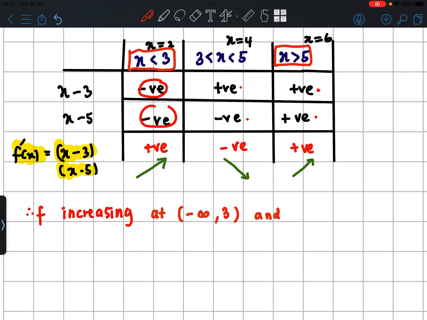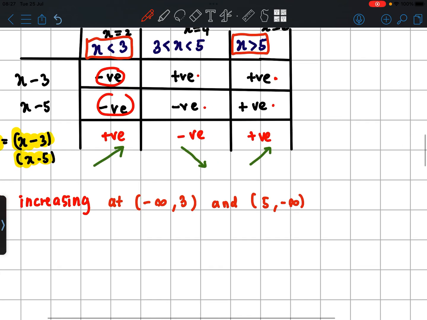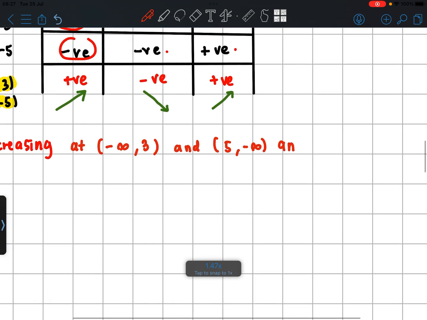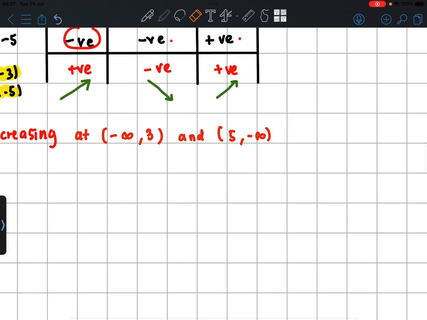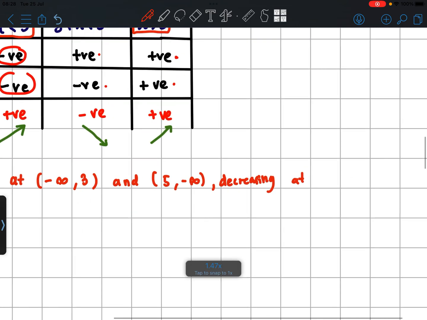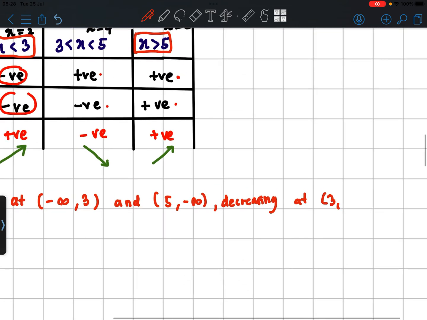Okay, increasing at the two intervals, minus infinity to 3 and 5 to infinity. Then decreasing at the interval (3, 5). So the middle one is decreasing.